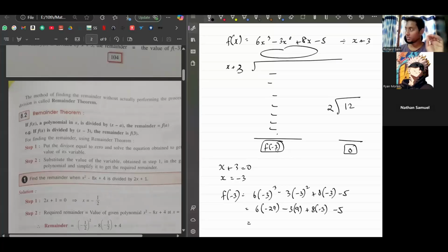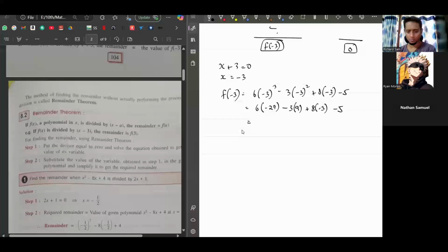Now I won't say the word remainder. You will say the word remainder. If I'm dividing with x plus 2, then the remainder is f of minus 2. If you're dividing with x minus 2, then the remainder is f of 2. Suppose I'm dividing with x plus 5, then the remainder is f of minus 5.